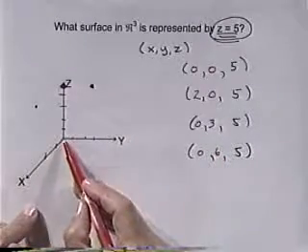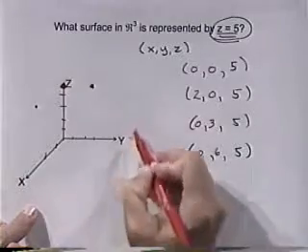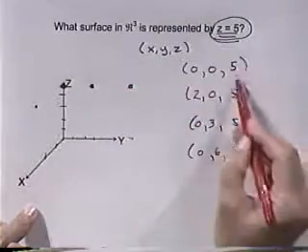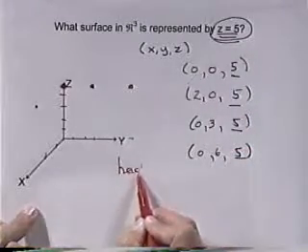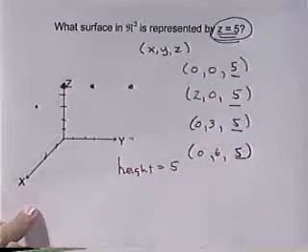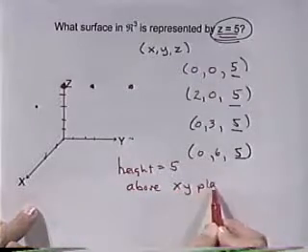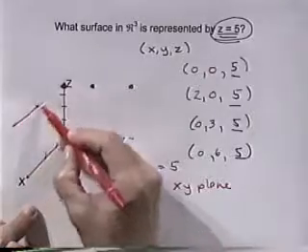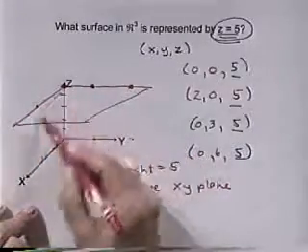In the x direction I go 0, in the y direction I go 6, so I'm going to go all the way over here, up 5. Well, you think all of these points have a height equal to 5 units above the xy-plane. So do you see what you get? You're going to get a plane.